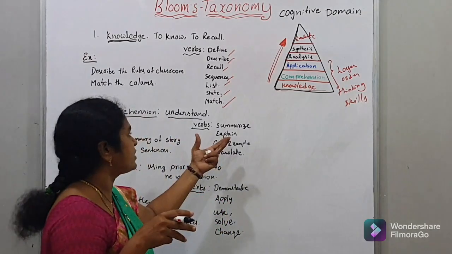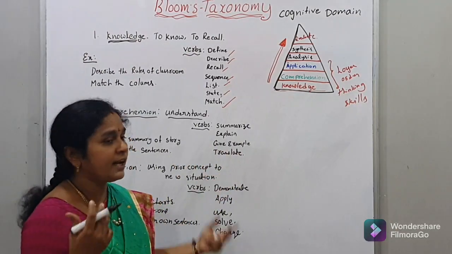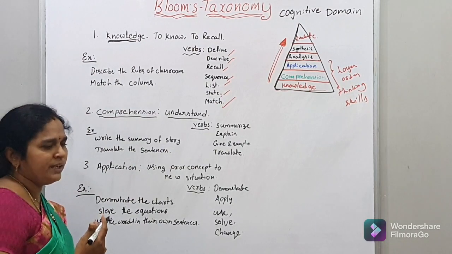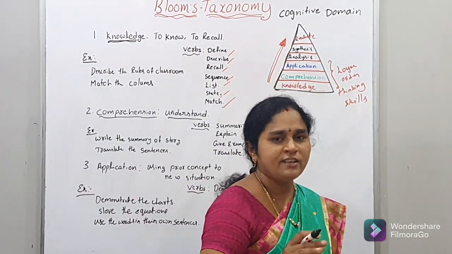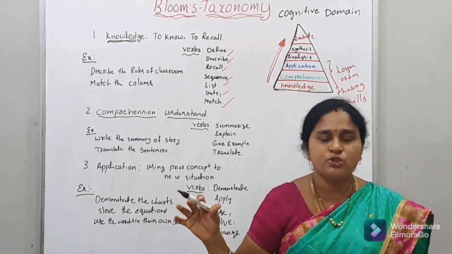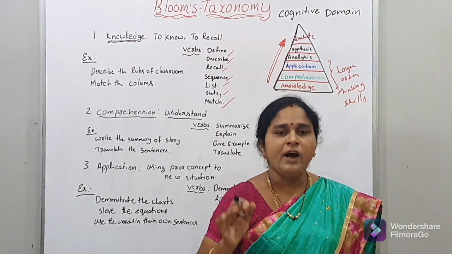That is also to summarize, to explain, give examples and translate. That is, write the summary of a story, any history, any science subject, we can summarize the whole topic. After the whole topic, the teacher asks what you understood about this story or any poem.